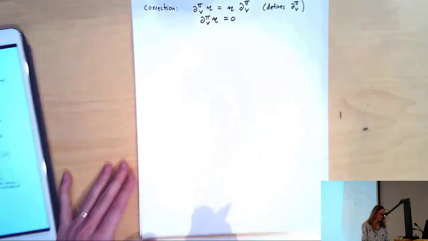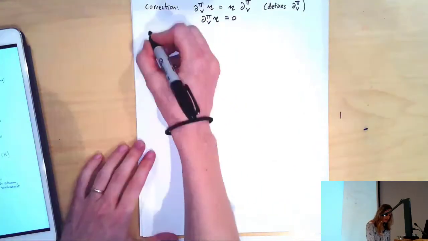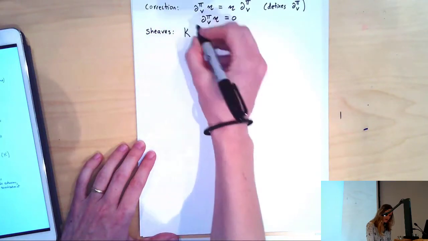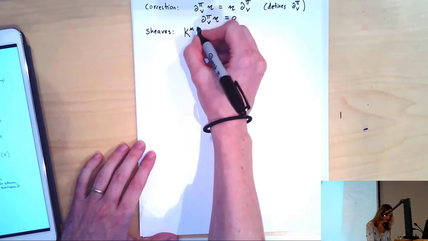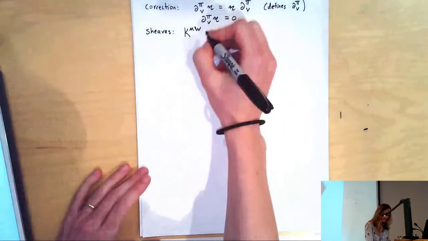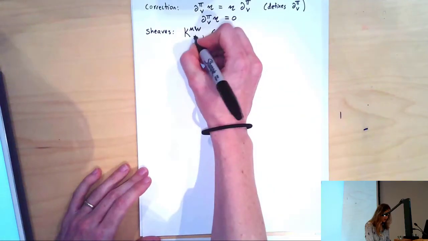So we do have now sheaves K Milnor-Witt and GW.